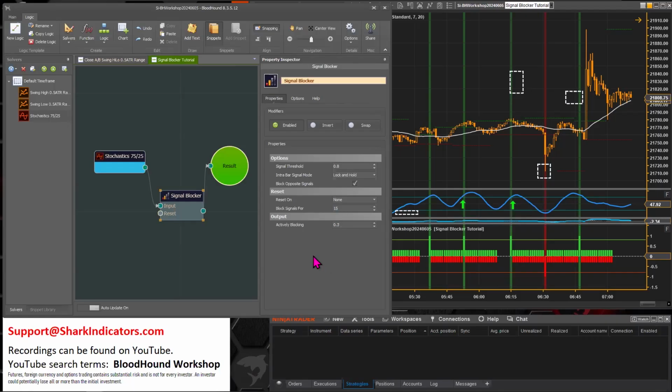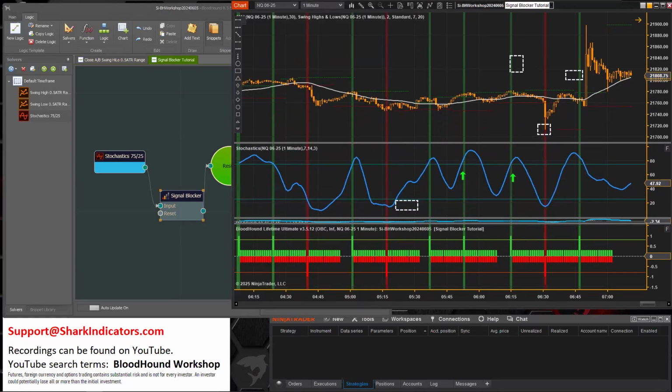All right, so we can see, right, a long signal came in here from the stochastic, and the long signal goes through, and then we can see now both long signals and short signals are being blocked as well. And actually, look back here is a good example.